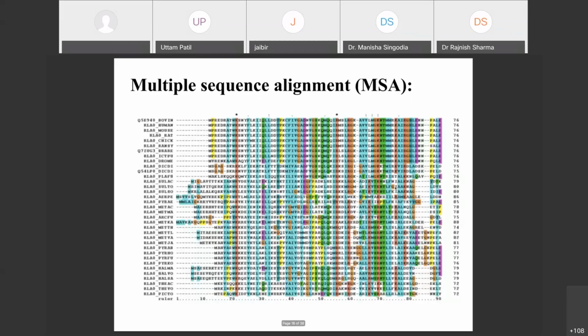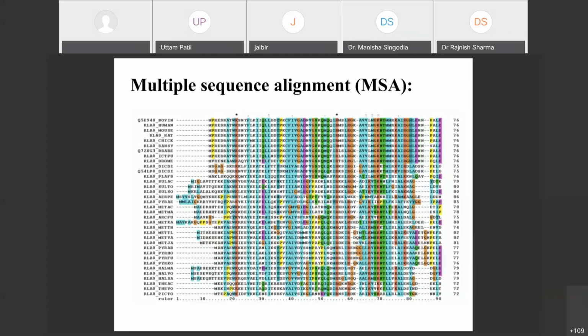So if you go back, here there are two cases. One is you can say there are amino acids which are completely conserved, marked by a star. So this will be scored very high because it has complete conservation, right?